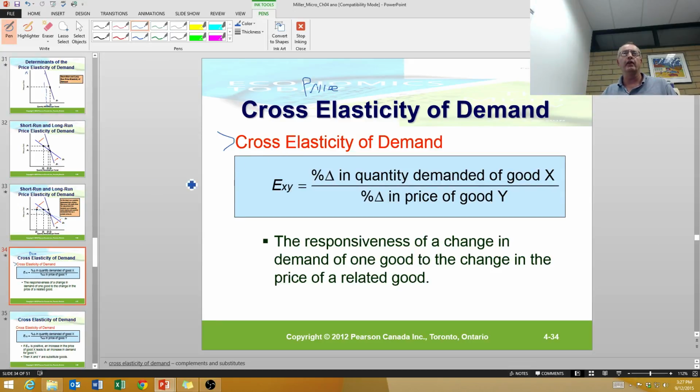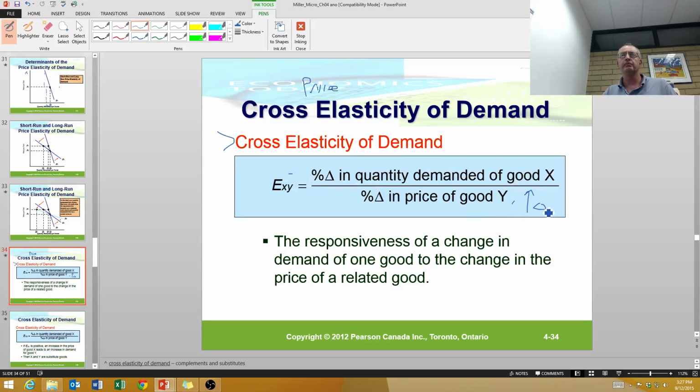So if the price of another product increases a lot, a large increase, and the quantity of the other product that we consume decreases only a small amount, then it's going to be relatively inelastic.